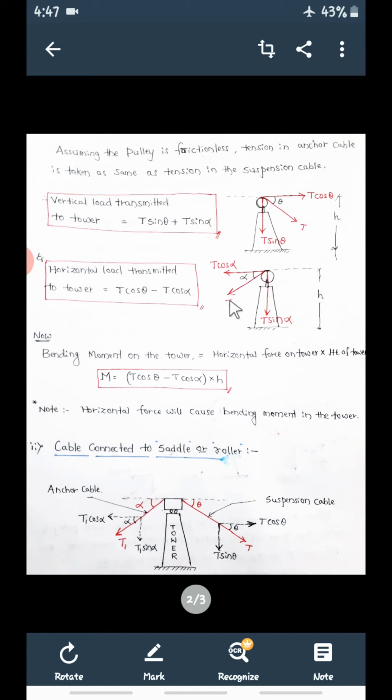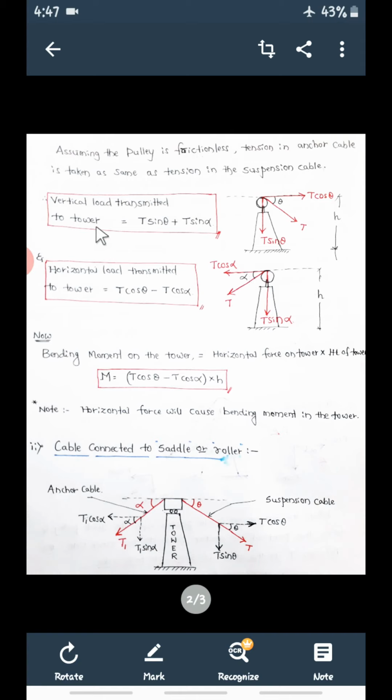So similarly, I can resolve this T along X and along Y. Along X, the component is T cos alpha, and resolving along vertical, it is T sin alpha. So here it is taking the suspension cable, here it is taking the anchor cable.